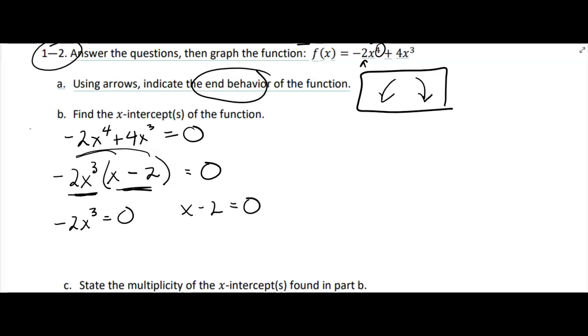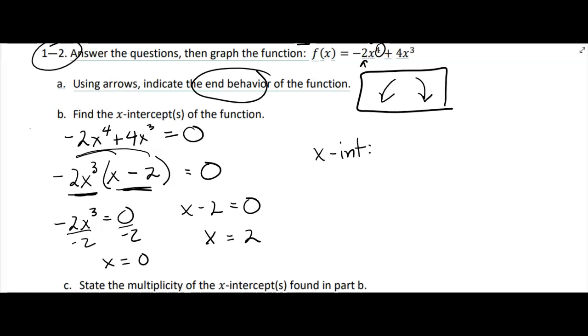So this time it looks like we're only going to get 2 x-intercepts. Here, you can divide by negative 2, but x is going to be 0. If you cube 0, that's going to be 0, and 0 times negative 2 is 0. Over here, you're going to get x equals 2. So there are 2 x-intercepts.